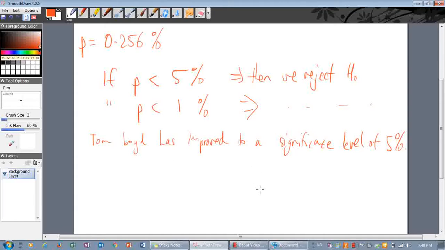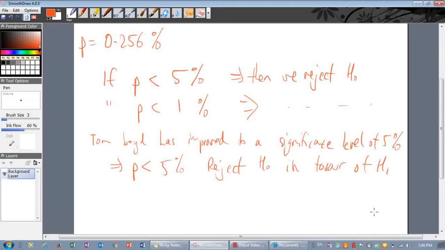So let's say this question said a significance level of 5%. You look at the value. Is it less than 5%? Yes. Therefore, since P is less than 5%, we reject H0 in favour of the alternative hypothesis.